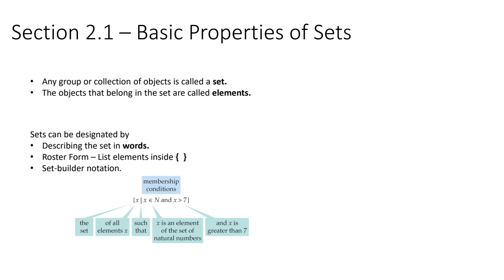A set can be designated in 3 ways. We can describe a set in words. For example, I can say the set of dishes in my home. Or we can use something called roster form, where you list all the elements inside of these braces. The roster form is probably the form that is used the most for this class.